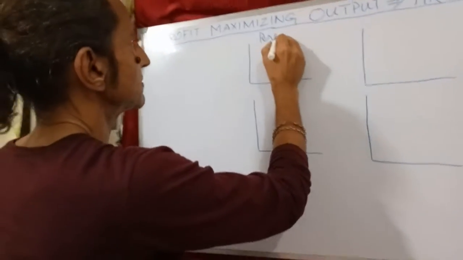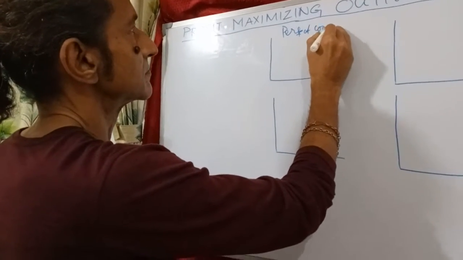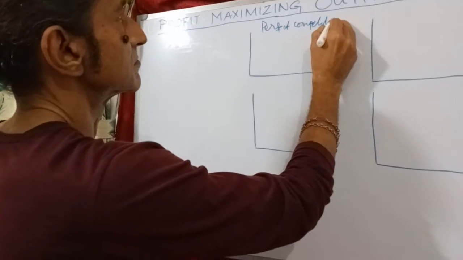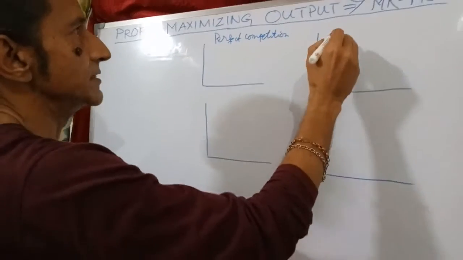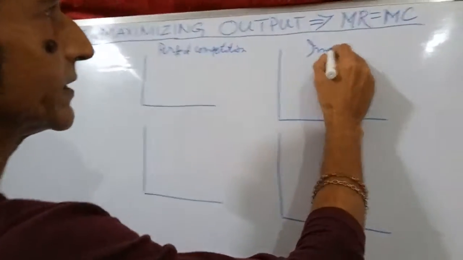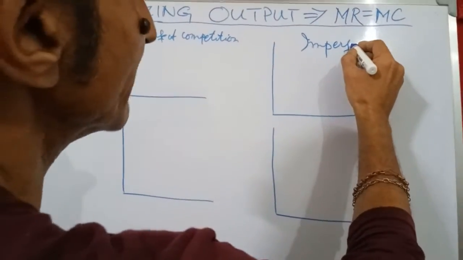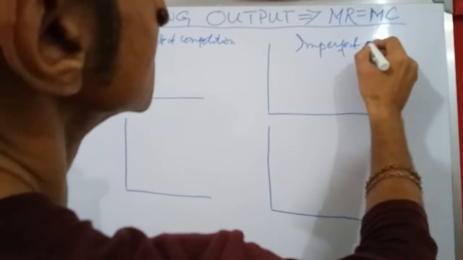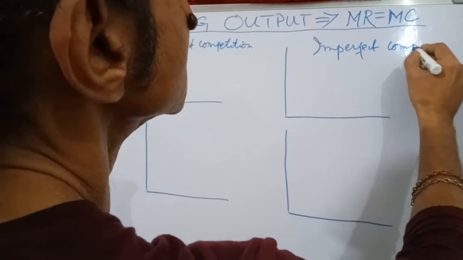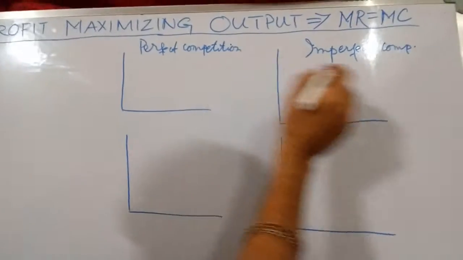This is perfect competition. And this is a firm operating in an imperfect market. Right?